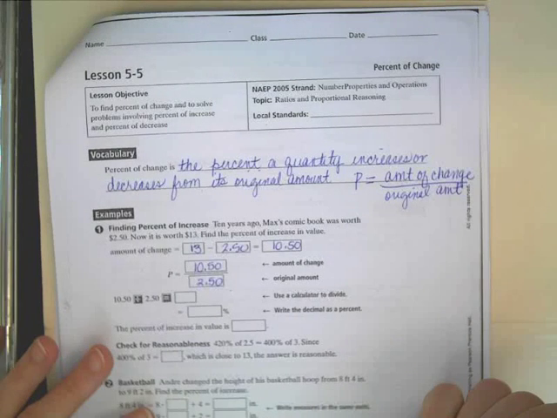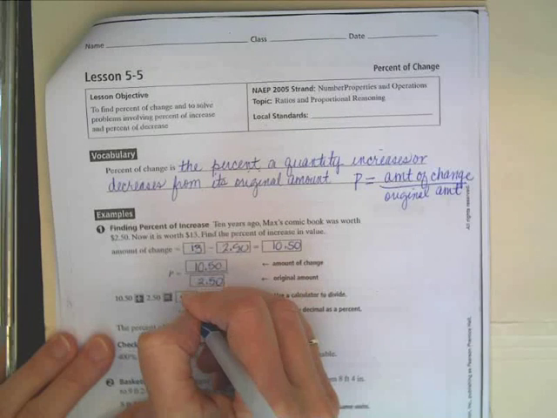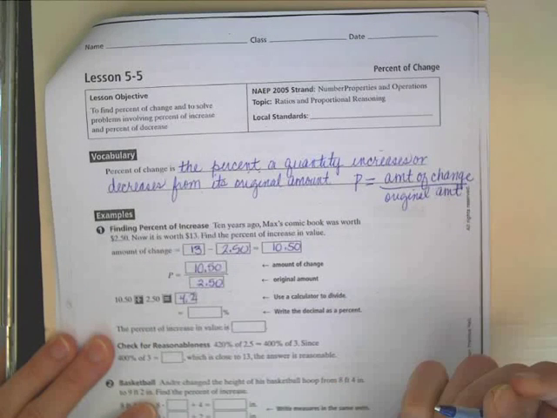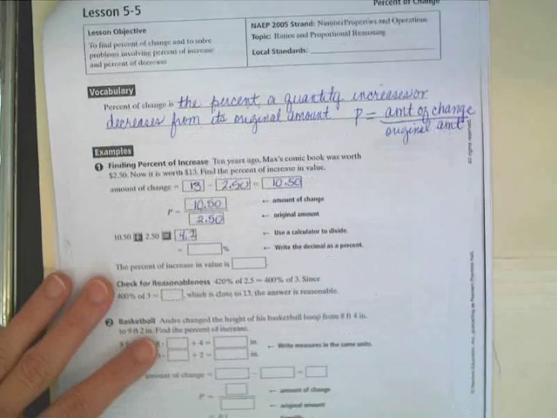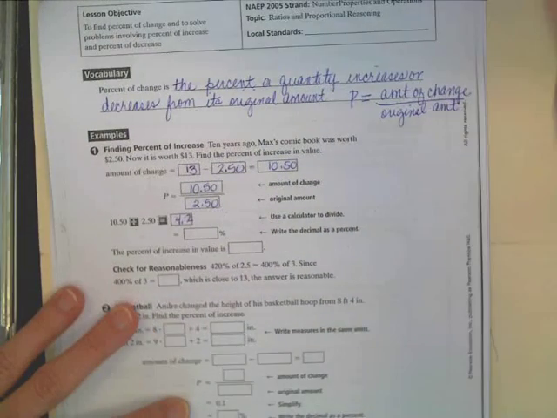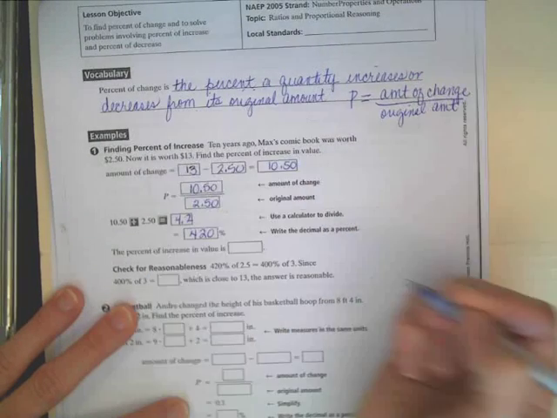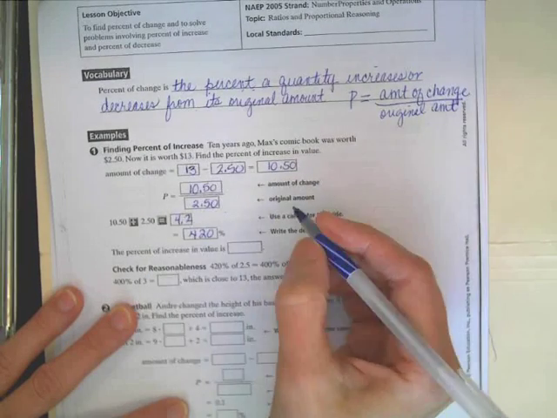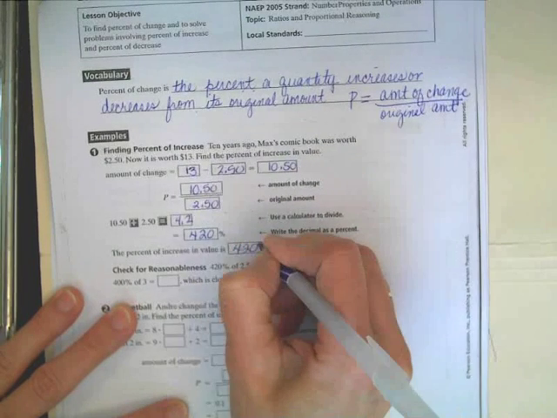And then on my calculator, I divide $10.50 by $2.50, and you get 4.2. Okay, then you need to convert the decimal to a percent by moving your decimal point 2 places to the right, so it's 420. The percent of increase in value is 420%.